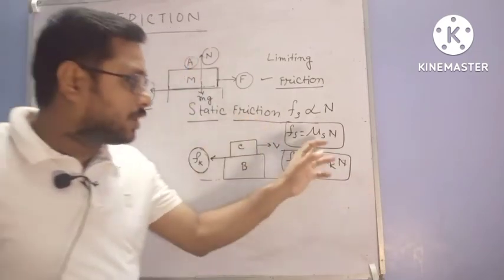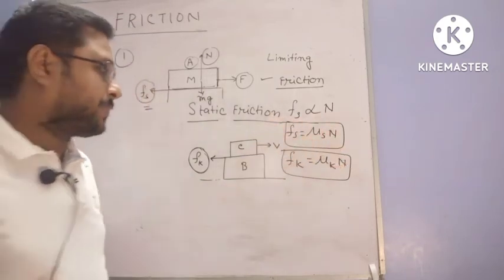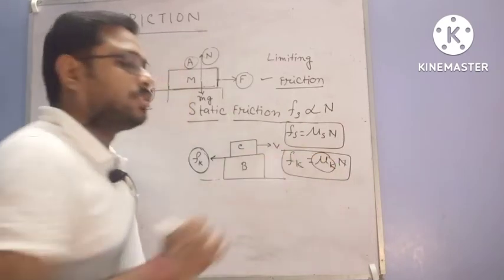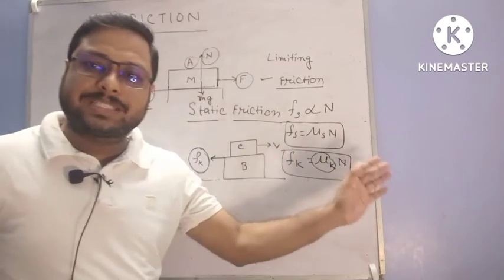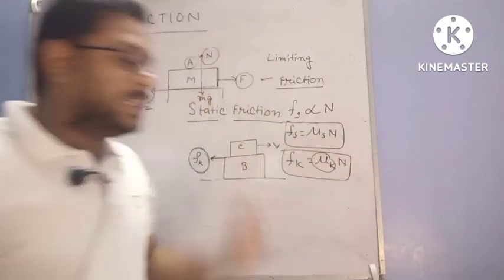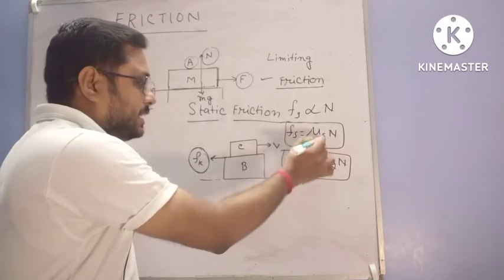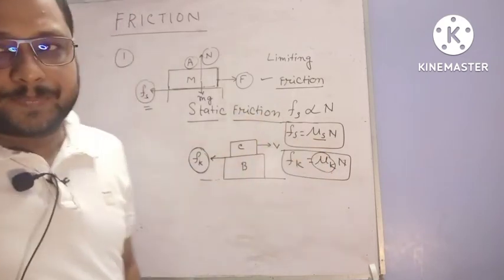Here mu s is called the coefficient of static friction, and mu k is the coefficient of moving friction or coefficient of kinetic friction. The value of mu s is greater than mu k.